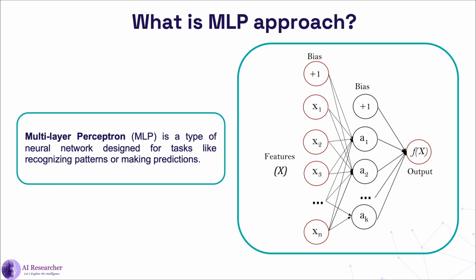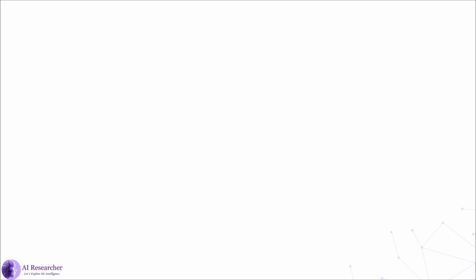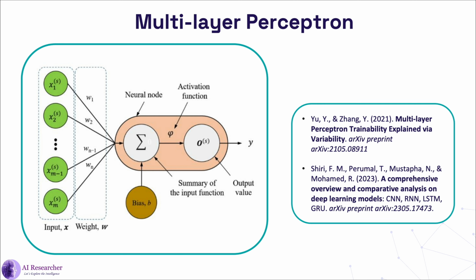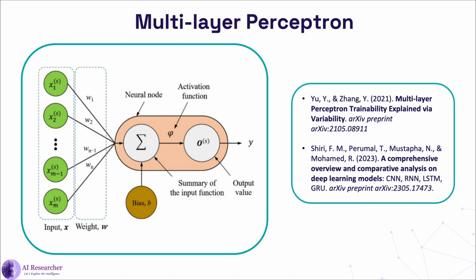Perceptron is the simplest form of neural network, and it takes multiple inputs, applies weights to them, sums them up, and passes the result through an activation function to produce an output. So now we will see each component of the multilayer perceptron in detail. You can also refer to these two papers to check multilayer perceptron or to study in detail.